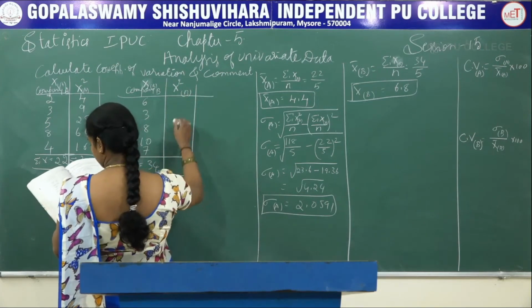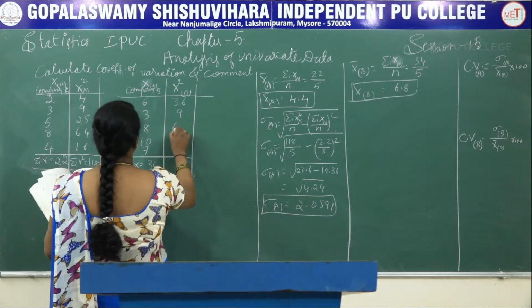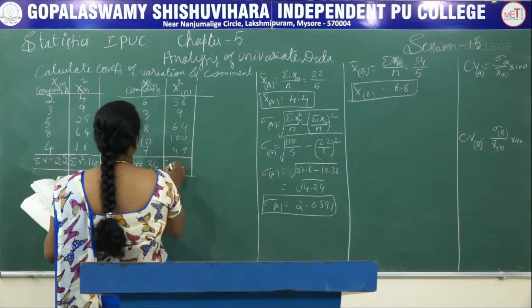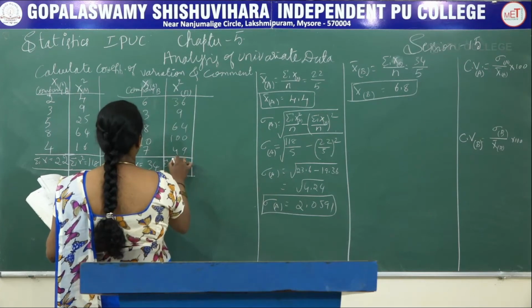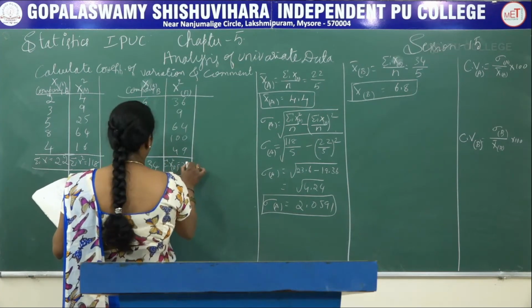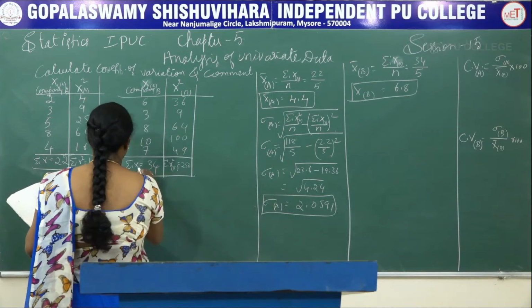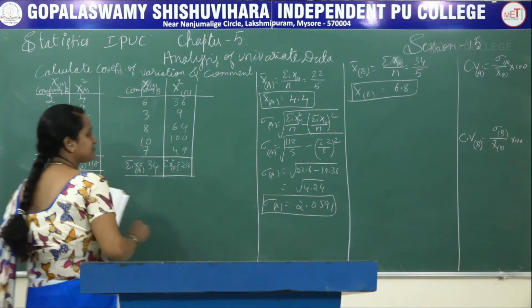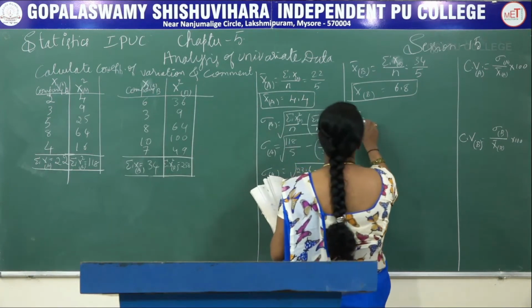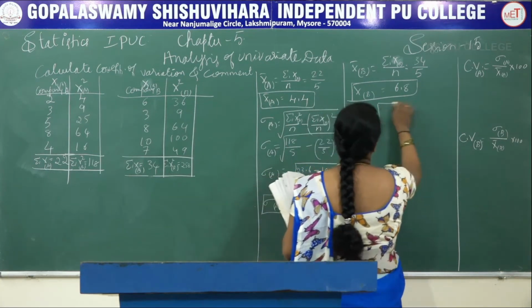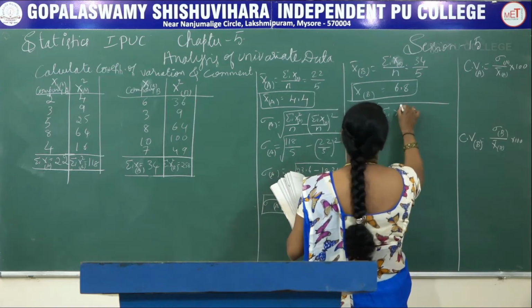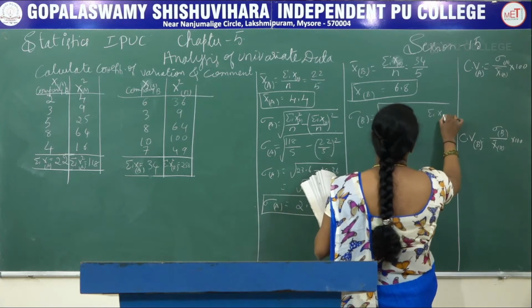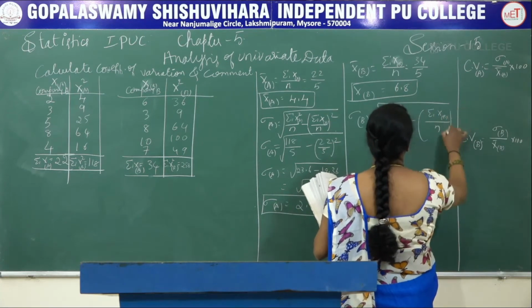So this is 36, 9, 64, 100, 49, and summation of X square of B is 258. Sigma of B is equal to the square root of summation X square of B by N minus summation of X of B by N the whole square.